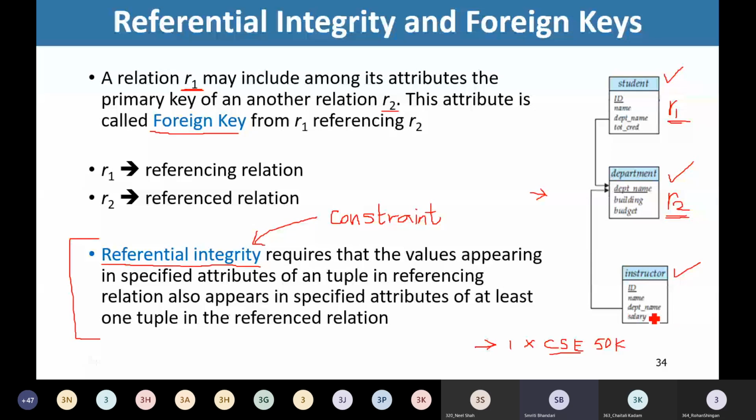So any foreign key value that I am going to make use of must exist in the corresponding referenced relation. Then and only then can we use that value as the foreign key in any other relation.